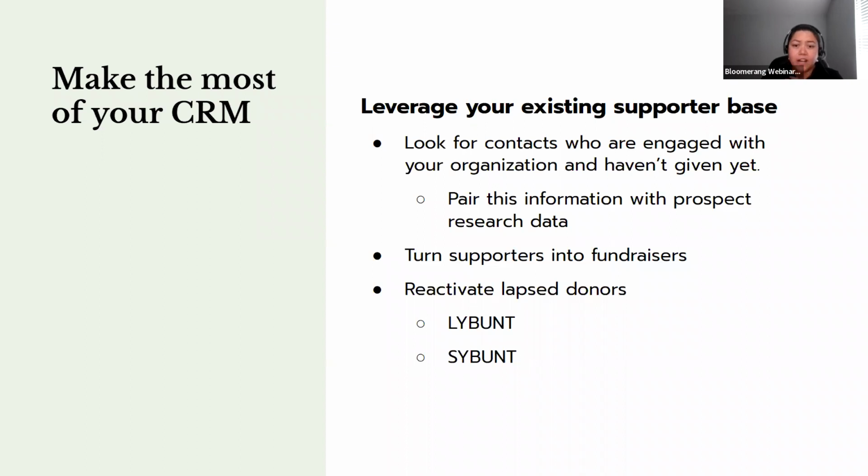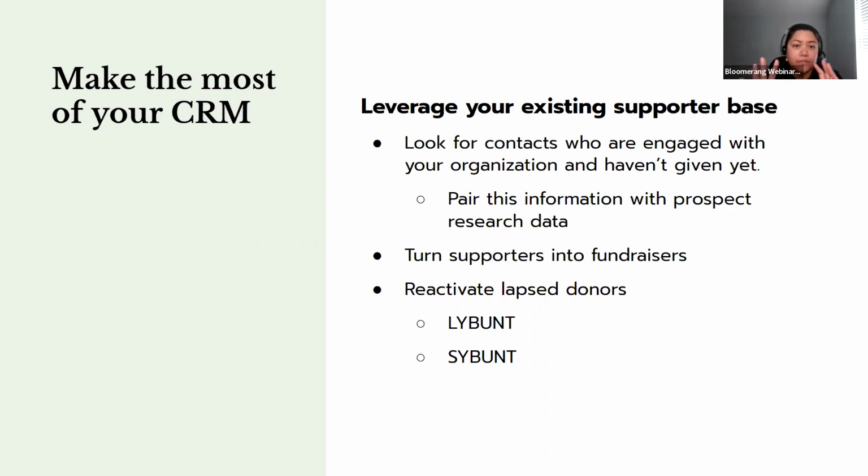I particularly like pairing this information with the prospect research data as well, because the contact's engagement with your organization tells one side of the story, and their wealth information, the prospect research data, is a different type of story.